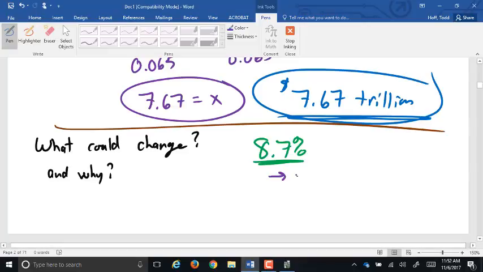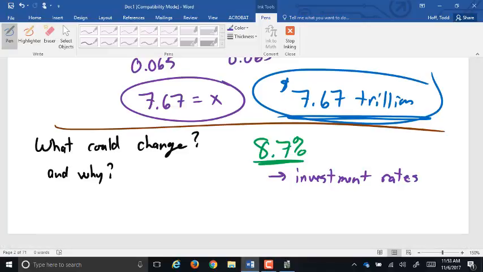Well, first thing, of course, investment rates, interest rates, right? They're assuming that they're earning a certain amount on their balance. If that changes, if they start earning more or less interest on that balance, that could change it. Well, Social Security is invested by statute.